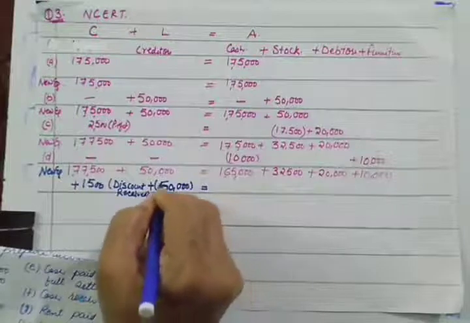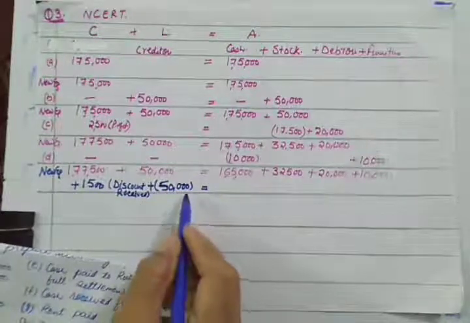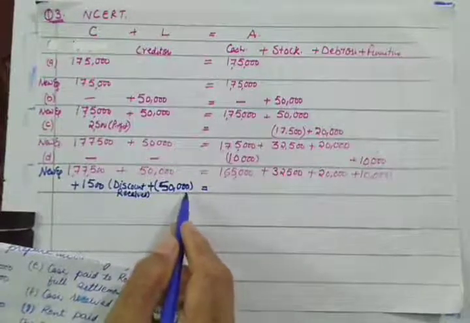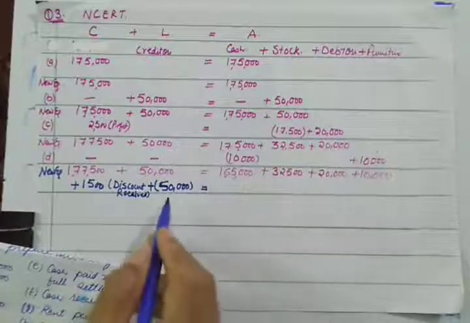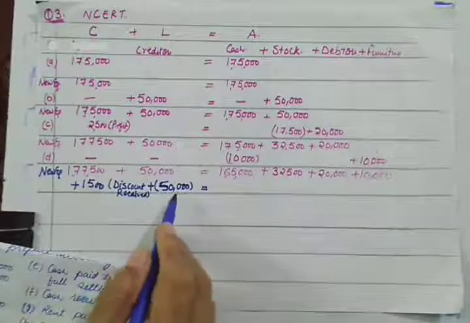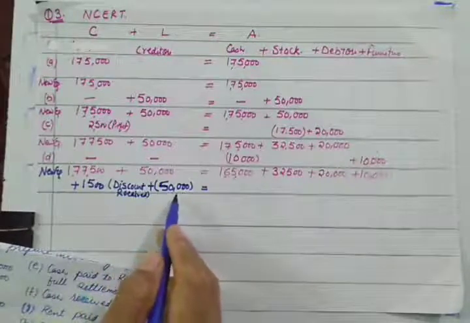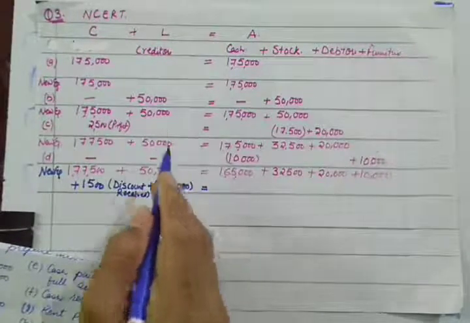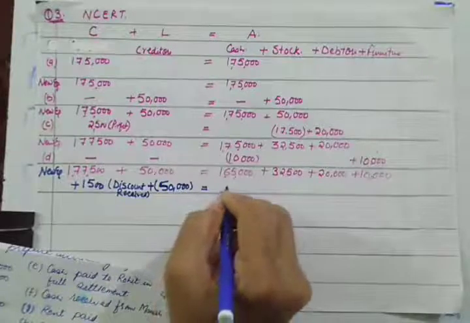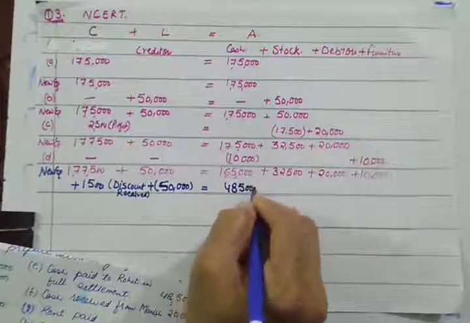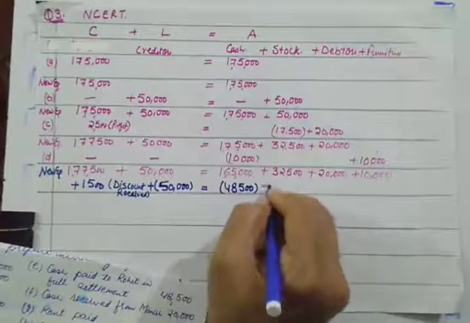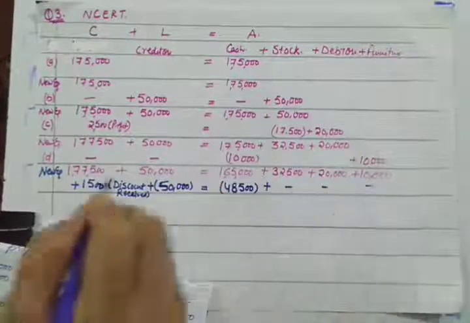This is important because now he cannot claim any money. Instead of 50,000, we are paying 48,500, but in full settlement. Full settlement means now nothing is due to our creditor, and because we are paying in cash, our cash will reduce by 48,500. No change, no change, no change.